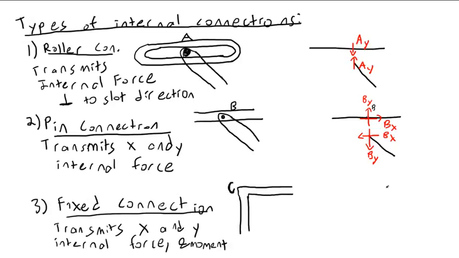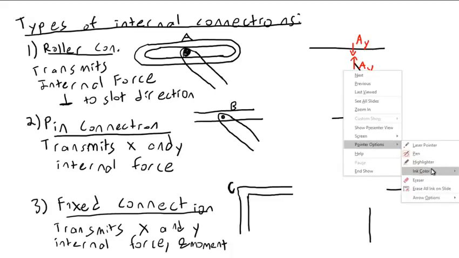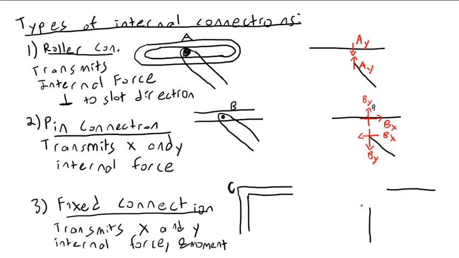So the way we draw this is, say we have this member here and this one here. I would have Cx, Cy, and My, Cx, Cy.